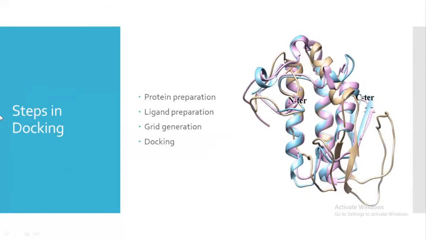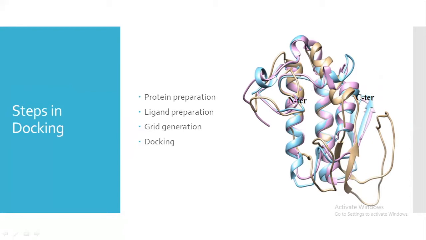So the steps in docking, these I have already discussed: protein preparation, ligand preparation, grid generation. Now, what is grid generation? Suppose this is a particular enzyme, and this enzyme will have an active site, which is the substrate binding site, and also a cofactor binding site, right?